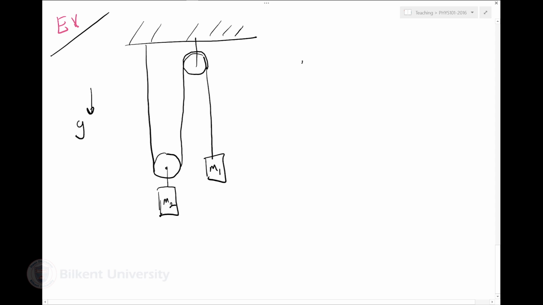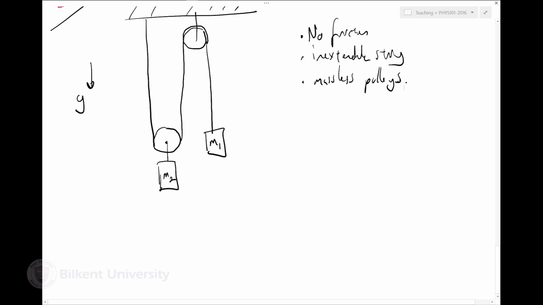Our standard assumptions: no friction, inextendable string, massless pulleys. Find the acceleration of both masses and the tension in the rope.